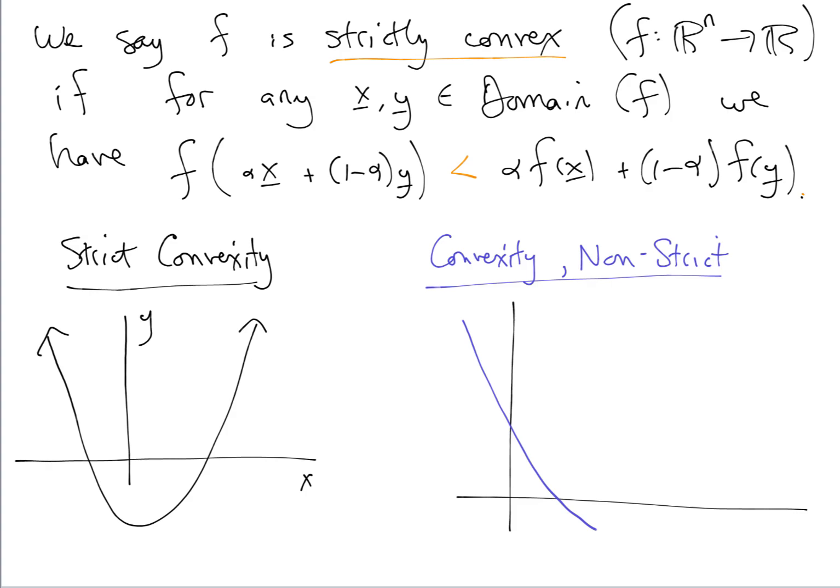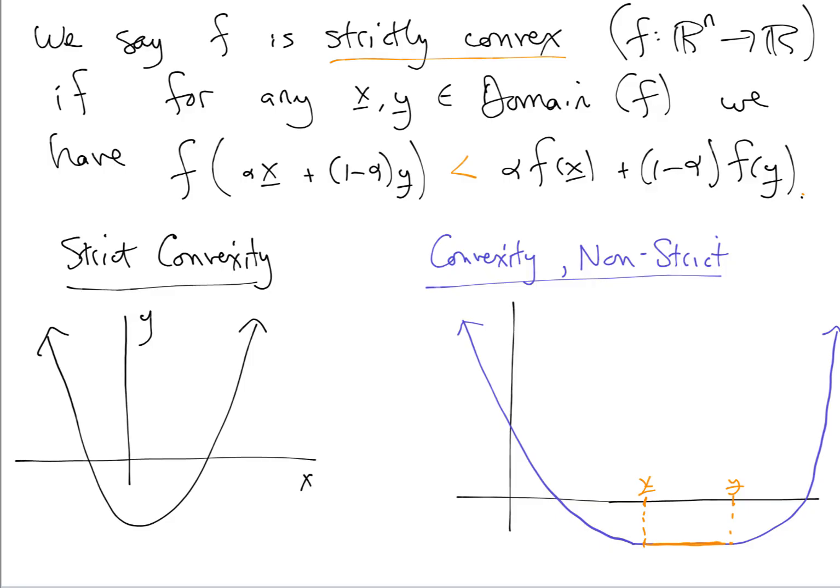And for non-strict convexity, the difference is that you can have the function level off. So you may have something like this, where we have a flat spot. The definition of convexity is still satisfied by this function. But the difference will be if you pick, say, your x and your y here, then that secant line is actually right on top of the function.